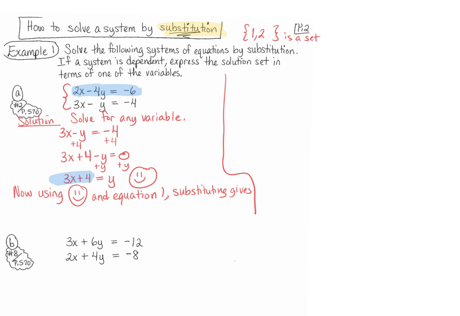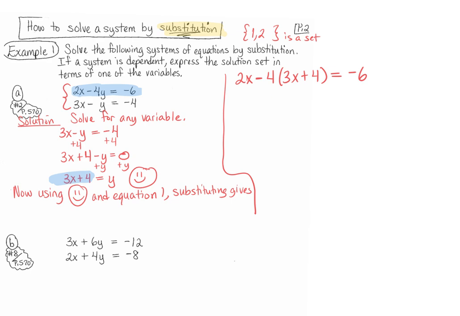So now we have 2x minus 4 times what? 3x plus 4. That's equal to? Equals -6. You got it. And so now notice that equation 1 is going to be in terms of how many variables? 1, which is x. So now we'll be able to solve for x.